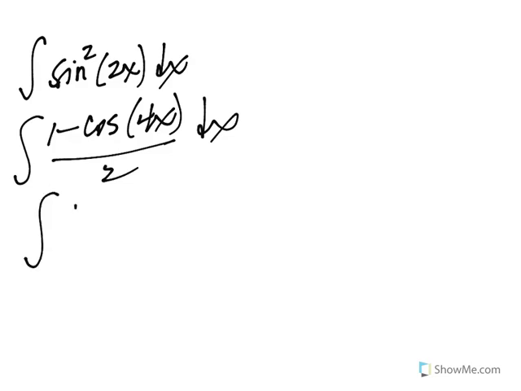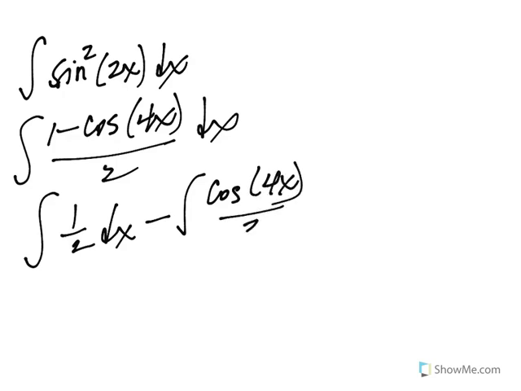And then I'm going to split it. 1/2 dx minus the integral of the cosine of 4x all over 2 dx. I think I'll take this 1/2 out to the front, and I'll use u substitution.